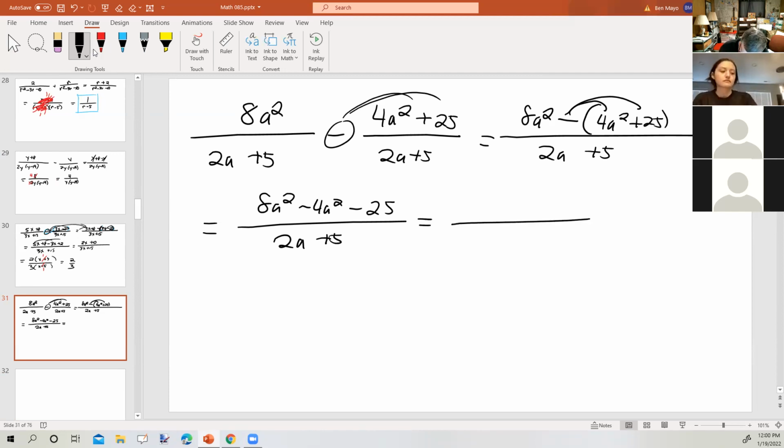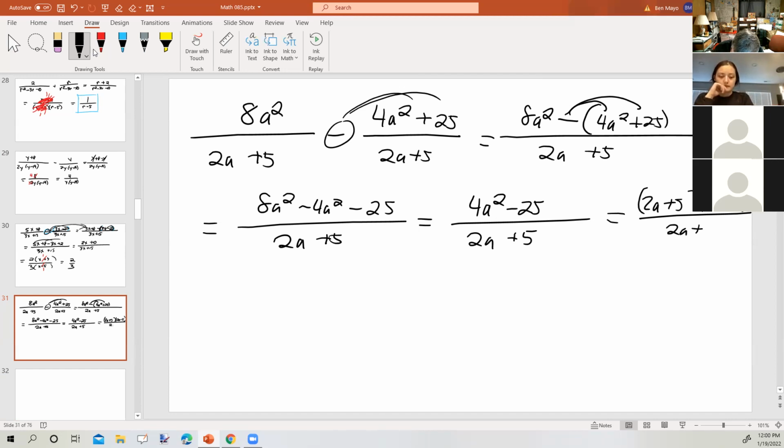Combining like terms, 8a squared minus 4a squared is 4a squared minus 25 over 2a plus 5. 4a squared minus 25 is the difference of two squares: 2a plus 5, 2a minus 5.